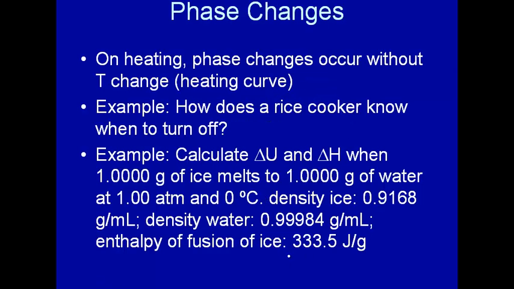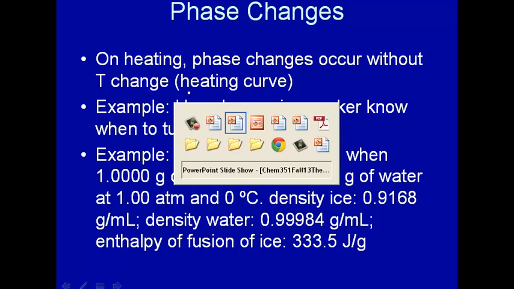All right, first look at phase changes. Remember, on heating, a phase change might occur without a temperature change. That's called a heating curve. All right, so let's just take a system like this. And here we're putting heat into the system at a constant rate.